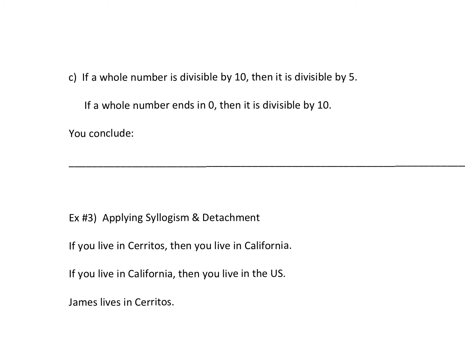Letter C. This one says, if a whole number is divisible by 10, hypothesis, then it is divisible by 5, conclusion. Whatever comes after the if is always a hypothesis, right? If a whole number ends in 0, hypothesis, then it's divisible by 10, conclusion.